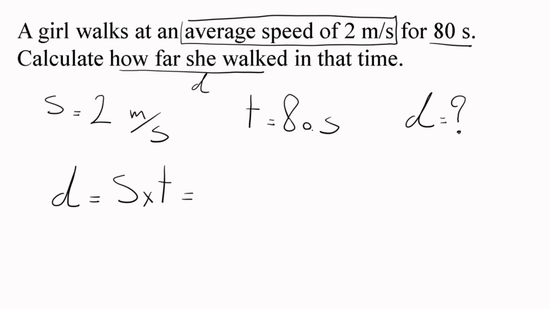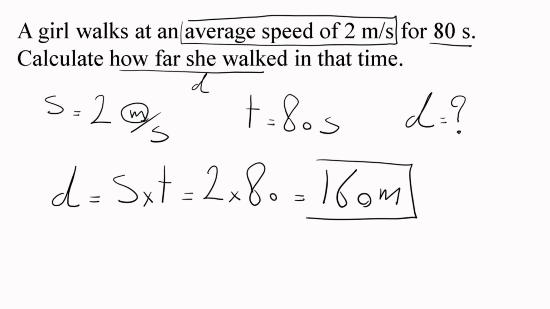Units are corresponding to each other, so we do not need any conversion here. 2 times 80 is equal to 160. Okay, what is the unit of 160? If you pay attention to S, average speed, you can see we have meter per second. So the unit of 160 will be meter.